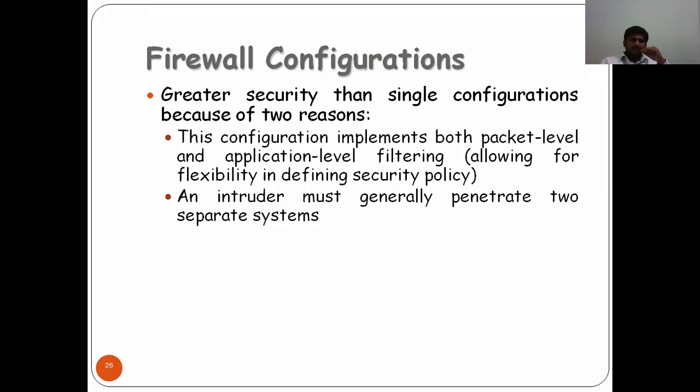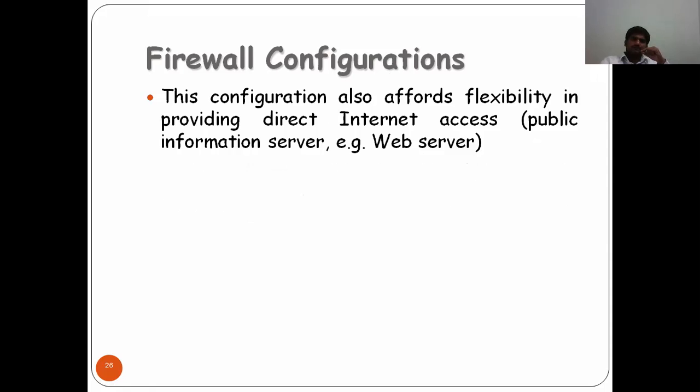Then another reason is that the intruder must generally penetrate two separate systems. So if a new intruder is going to enter the system, he must penetrate the separate systems, and only then can he get to configure the firewall. This configuration also offers flexibility in providing direct internet access to public information services, for example web servers.